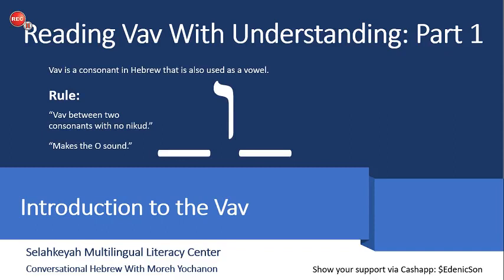Let's repeat that. When the Vav appears between two consonants and there's no nikud that tell you how to make the vowel, it's just straight Hebrew, no nikud, and the Vav is right there in the middle of two consonants, always default back to the O sound, okay?